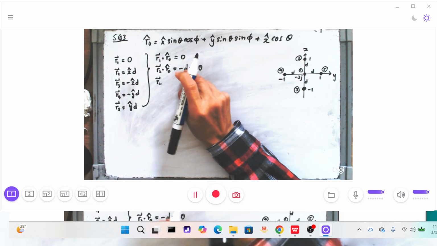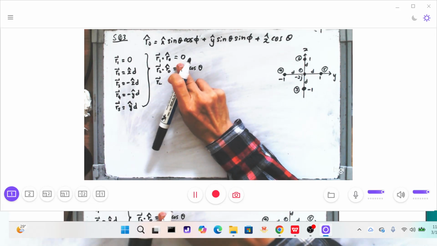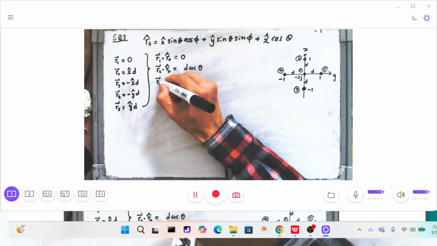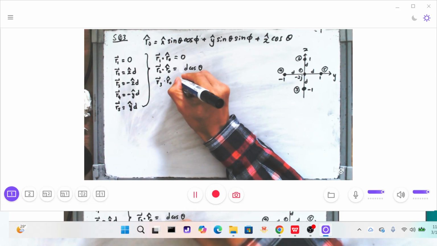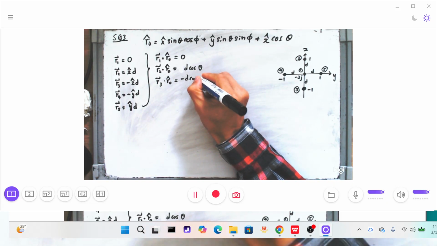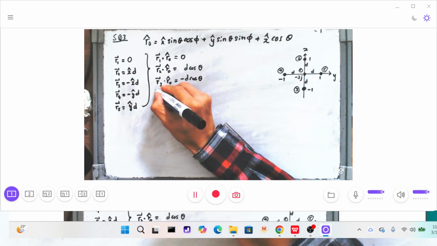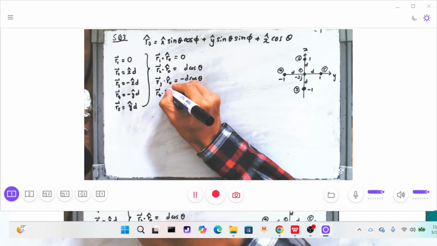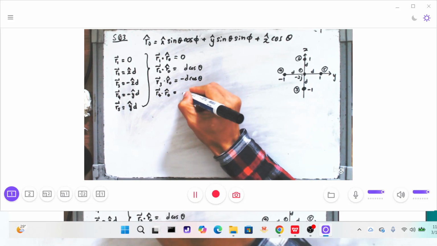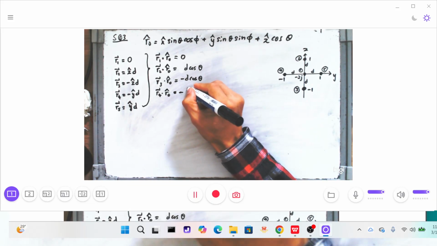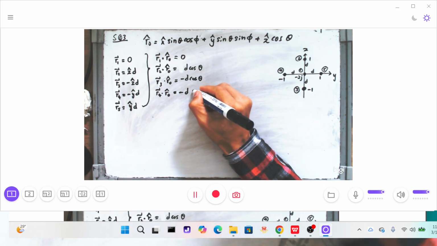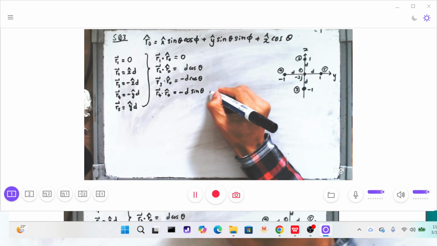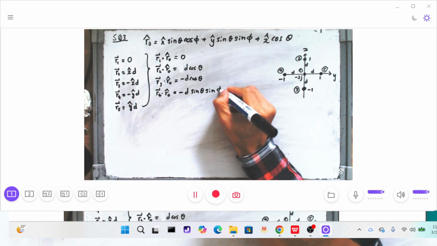Sorry, arrow 2 should be d cosine theta. So arrow 3 dot product with arrowhead is minus d cosine theta, and arrow 4 dot product with arrowhead is going to be minus d sine theta sine phi.